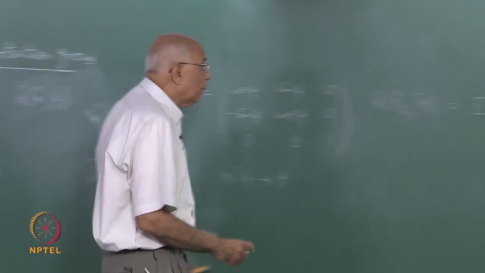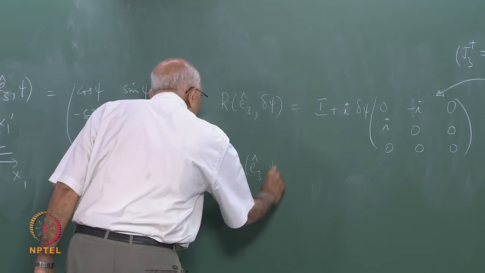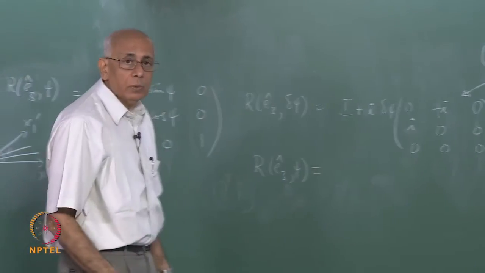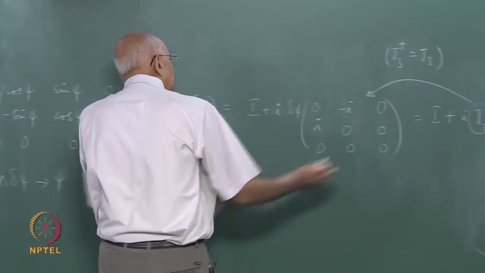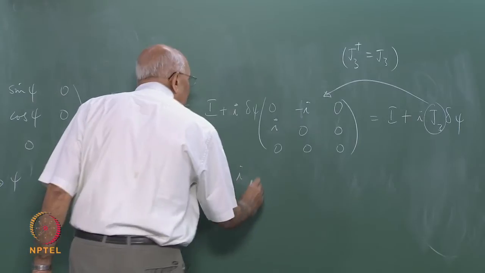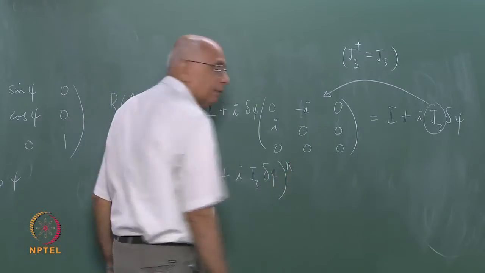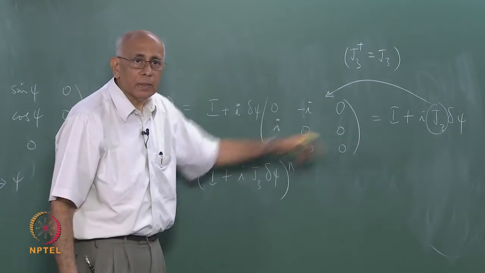Then it immediately implies that R of E3 psi should be equal to repeatedly acting with this matrix. So, it would be equal to I plus I J3 delta psi raised to the power n, one after the other.